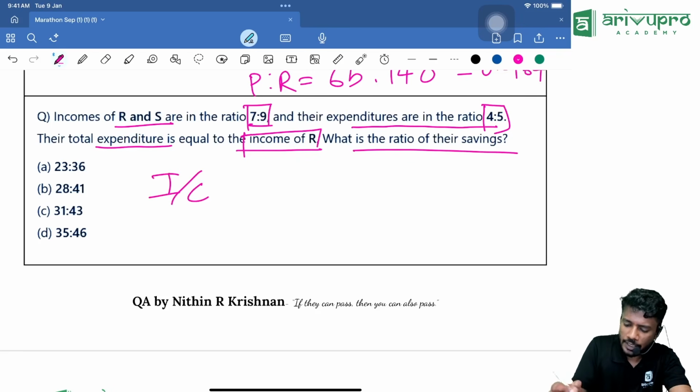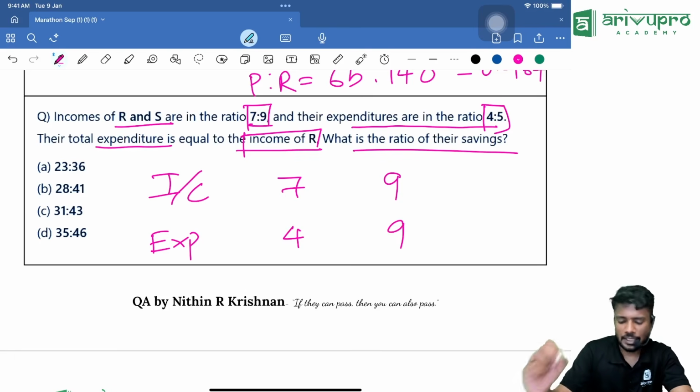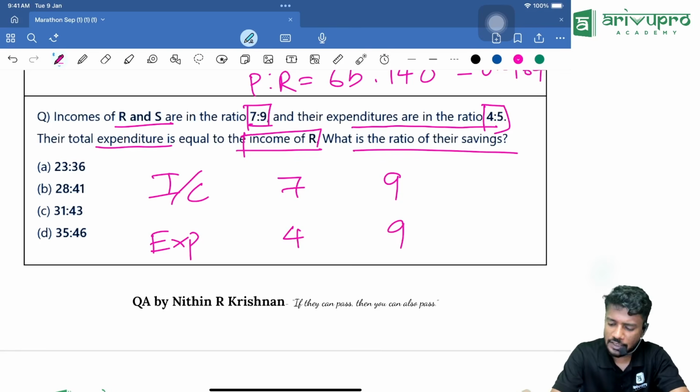Income is there. Yes, income is what? 7:9. Then expenditure is how much? Expenditure is what? 4:5. Now you need to find the ratio of their savings. What is savings? Income minus expenditure is equal to savings, right?